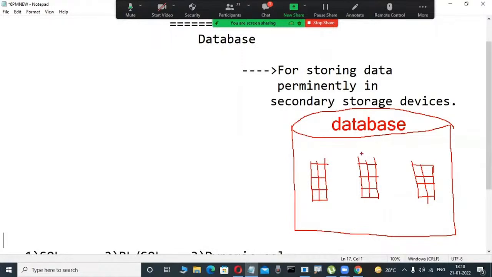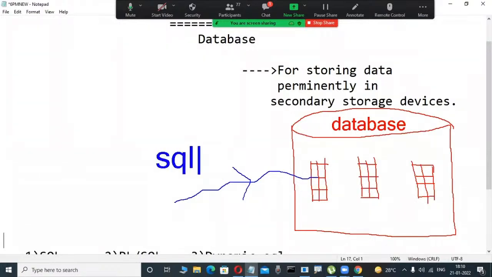That's why the structured collection of data is stored this way, and we operate on this data by using SQL, structured query language.